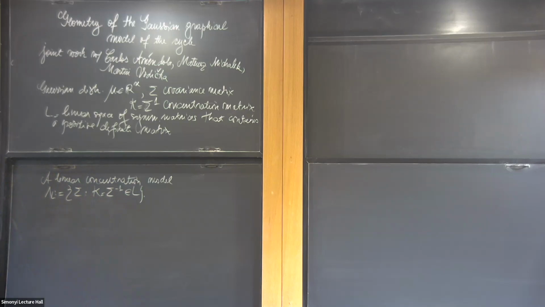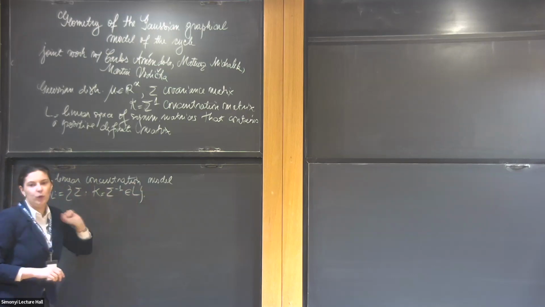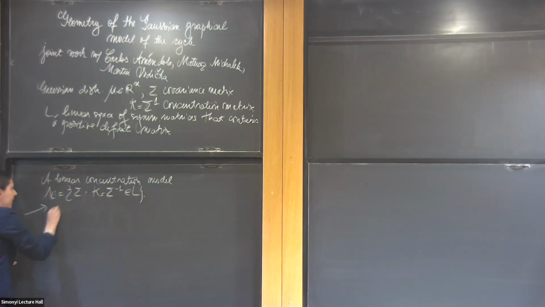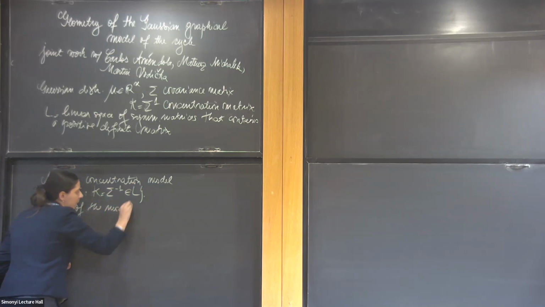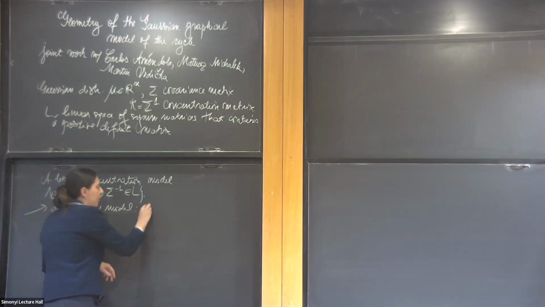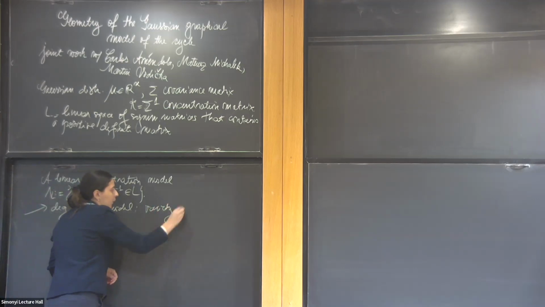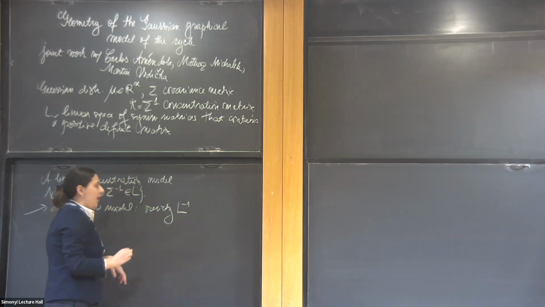And we have two important invariants for this kind of models. One of them is the degree of the model, which is the degree of the variety. Let me denote it by L inverse.